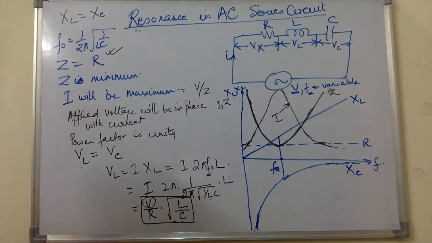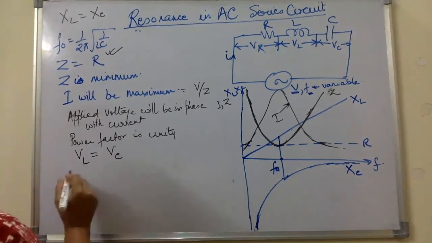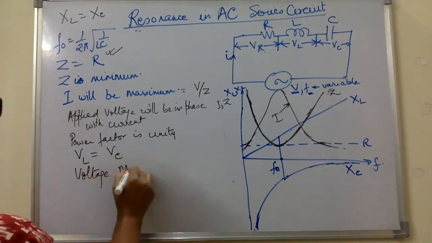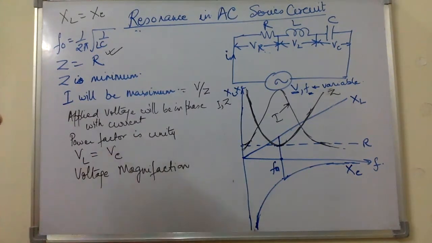This means that the voltage across the inductor or the capacitor will be much more than the supply voltage, so there is voltage magnification taking place. So in the series circuit, the next important characteristic is that there is voltage magnification in the given circuit.